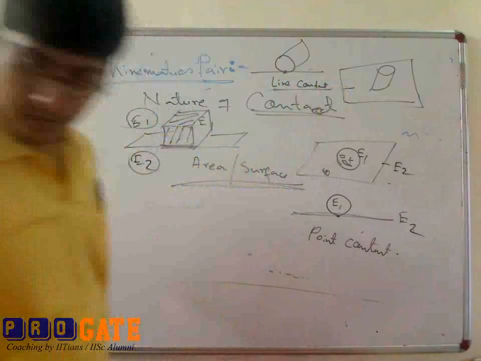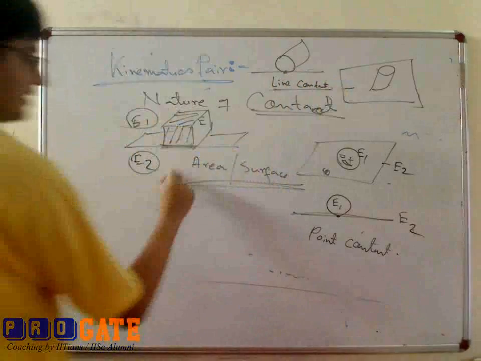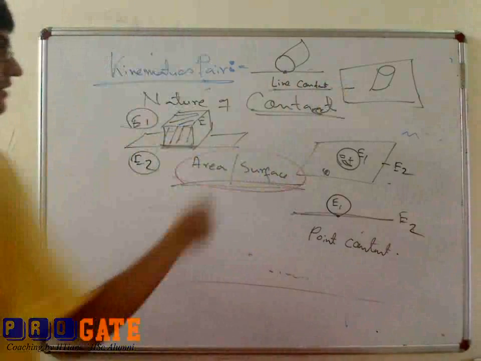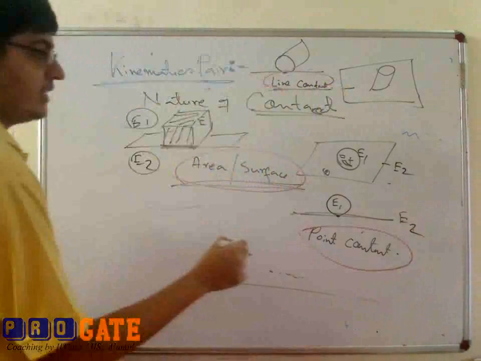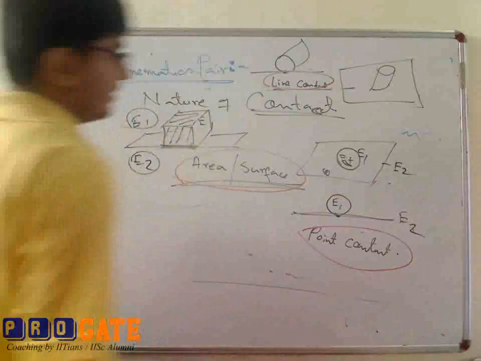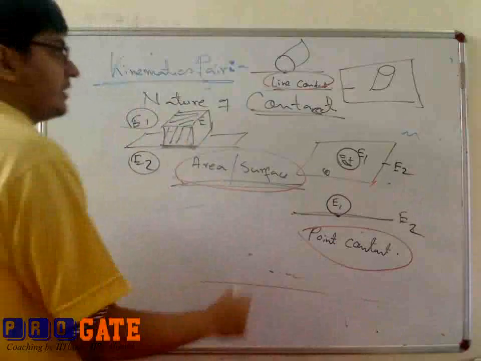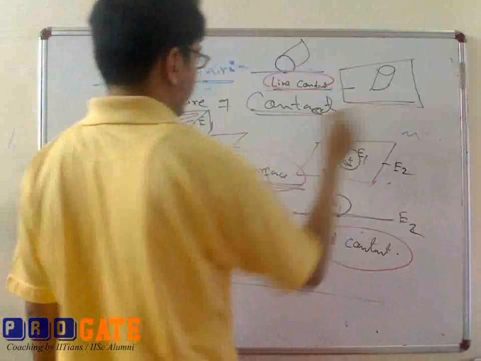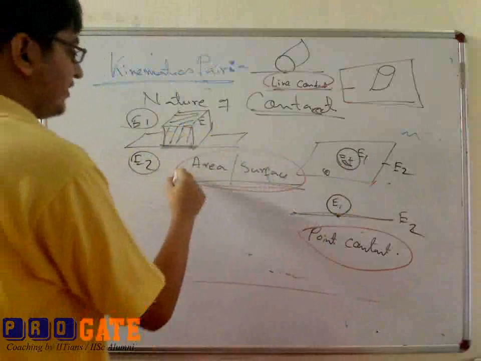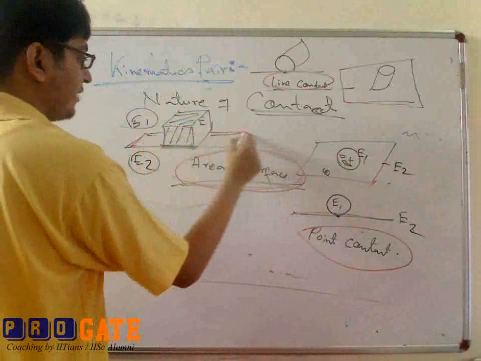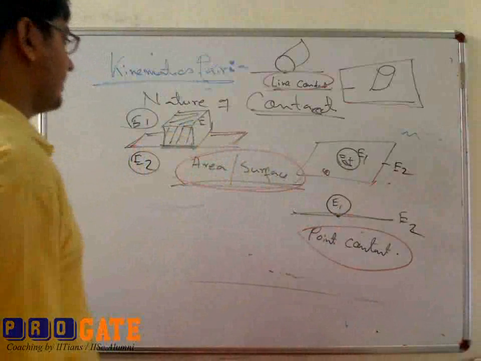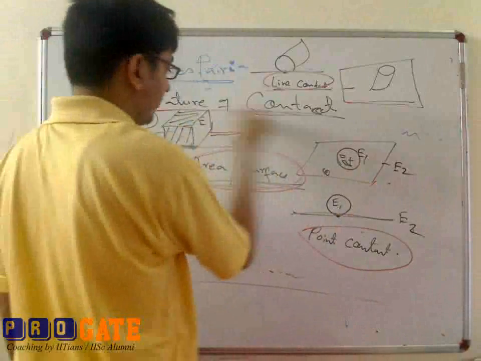So what we have discussed: first area or surface contact, then line contact and point contact. Point contact when a sphere is placed on a plane, line contact when a cylinder is placed on a plane, and surface or area contact when a rectangular block is placed on a surface. This is the nature of contact.